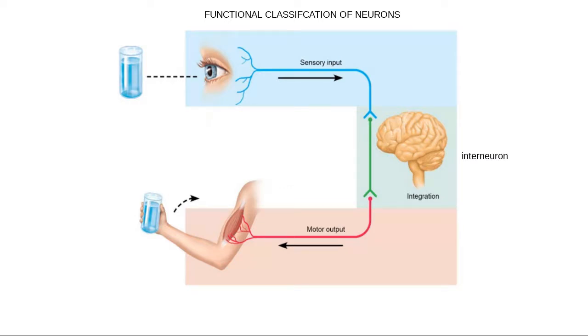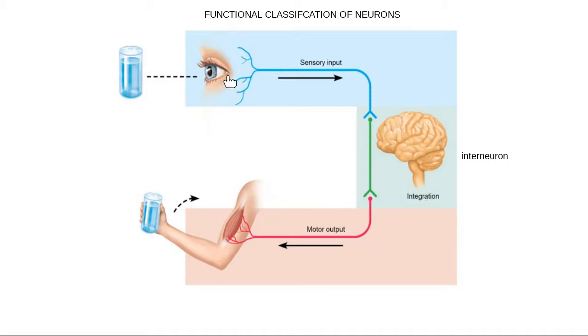When we're talking about a neuron that does integration, we call that kind of neuron an interneuron. Interneurons are really good at integration, or the easy word for integration is processing. They put together all the sensory information that you collect, and they use it to predict what we should do about that.